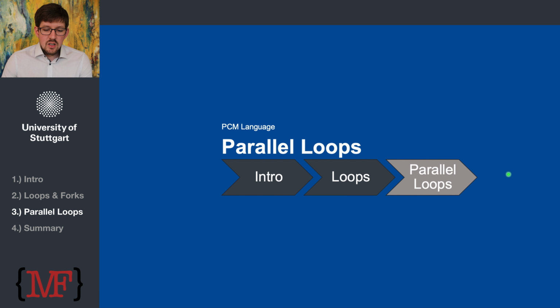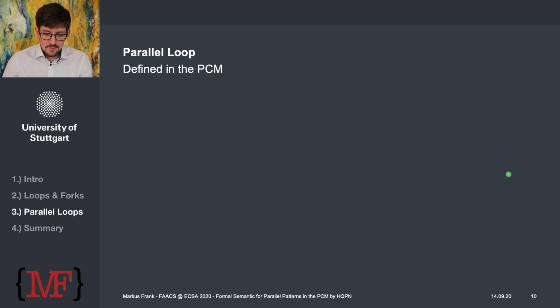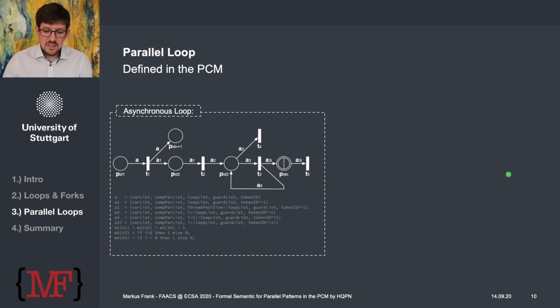So now let's have a look at how parallel loops work. Parallel loops are actually a combination of forks and loops. And in general, we separate between synchronous and asynchronous loops. What you can see here is an asynchronous loop. And it again consists of these 3 parts: the entry point, the exit point, and the loop body.